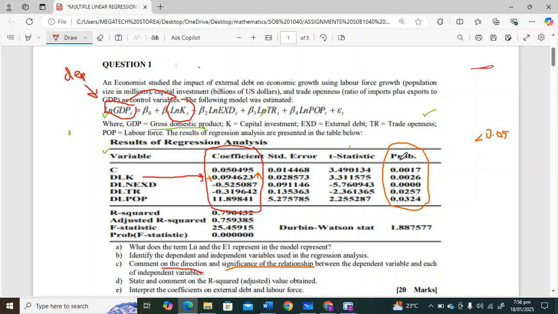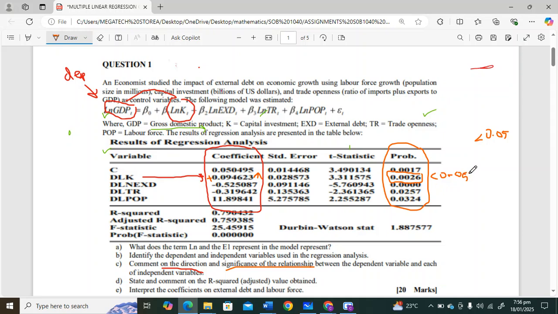So as we can see for capital investment, our p-value is 0.0026. 0.0026 is less than 0.05. So what this is telling us is the relationship between GDP and capital investment is a significant relationship.